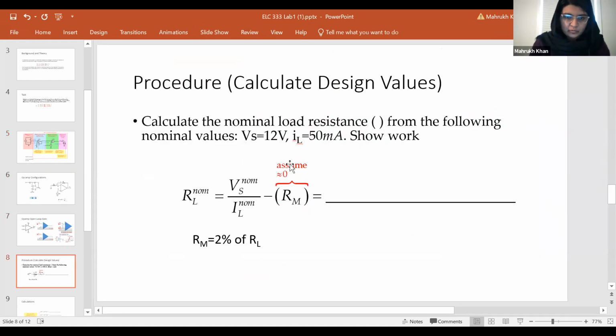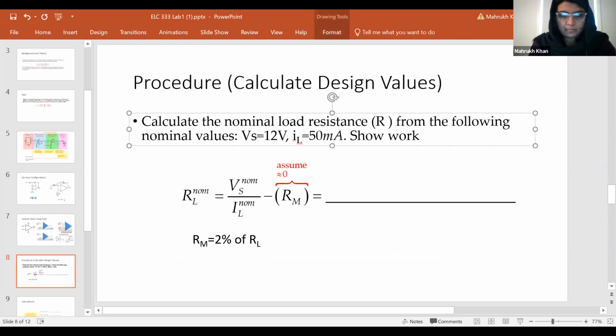That's what we are trying to do. So here are the design values that we need to calculate. Calculate the nominal load resistance, that is RL.